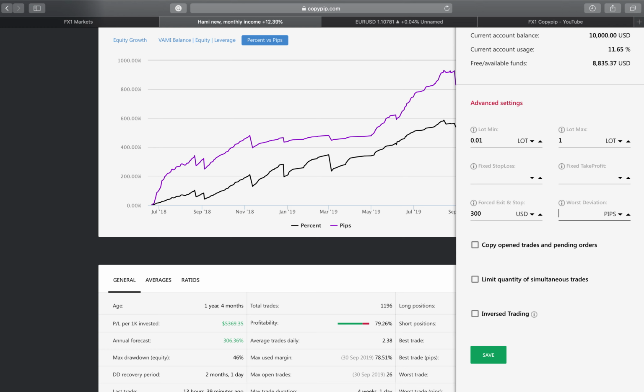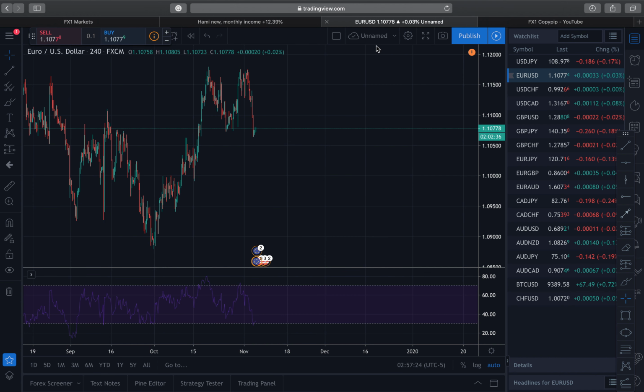Or sometimes you can put minus. You can put minus 10. How does minus work? Minus 10 is better for you, but there's only one problem. Let's say the trader opened a trade here at 1.10656, and you put minus 10.